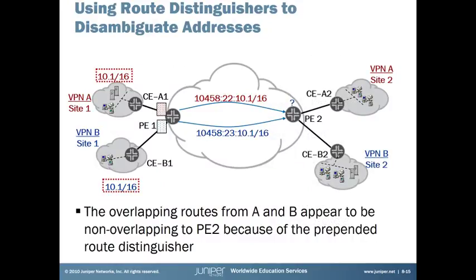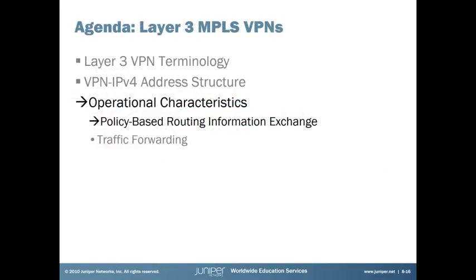Okay, so as we've said throughout this demonstration, this disambiguates the addresses, and here is what it looks like now with the route distinguishers added onto the routes. The overlapping addresses are different because the route distinguisher is different. Okay, so we've achieved that goal.